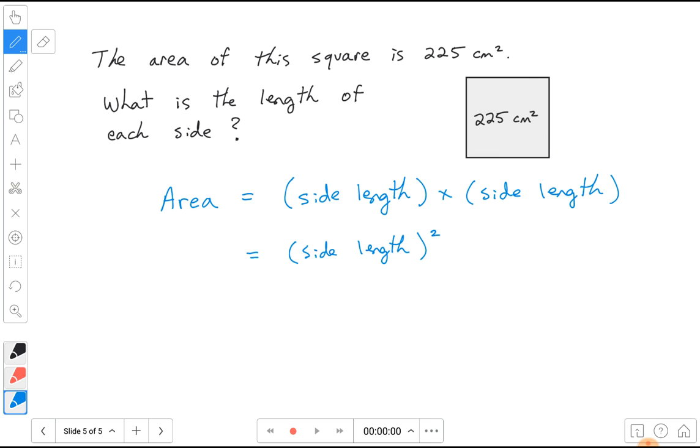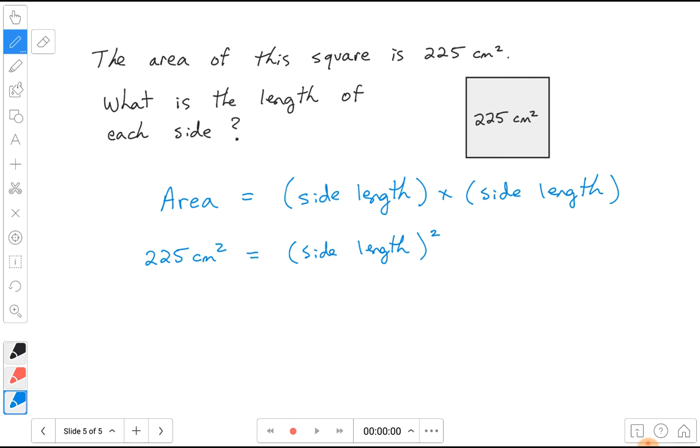Okay, so we need to find the solution here. Well, we know that the area is 225 square centimeters. So we know that 225 centimeters squared equals the side length squared. Okay, so 225 represents one length times another length, right?